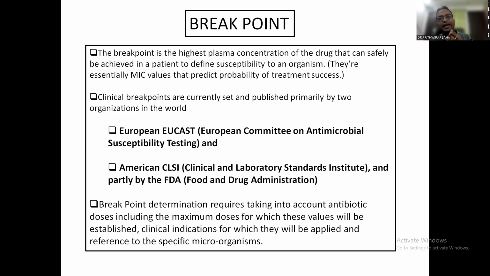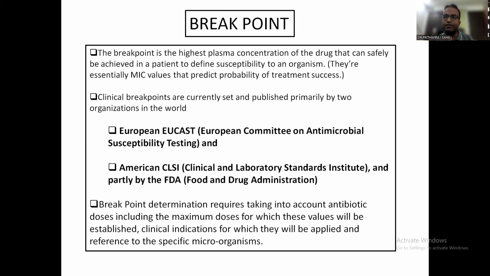That will affect the kidney, the liver and other organs, right? So we cannot give 10 gram TDS meropenem. If we could, then even if the MIC were 8, we would have covered it, because we would achieve a very high concentration of meropenem in the plasma. But that is not physiological.